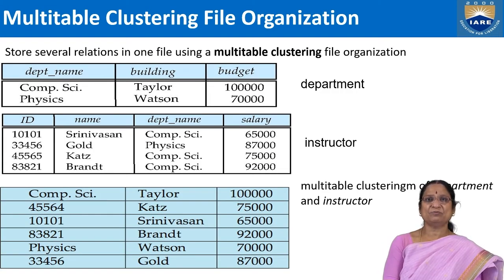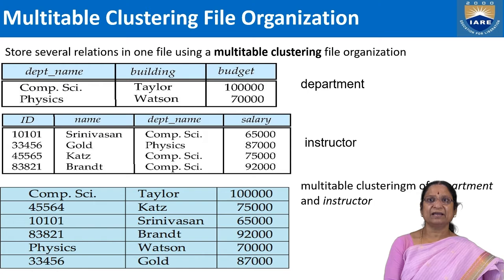Another kind of file organization is the multi-table clustering file organization. In this organization, various tables are stored as clusters. For example, you observe this department and instructor. The department is computer science, and multiple instructors are there.